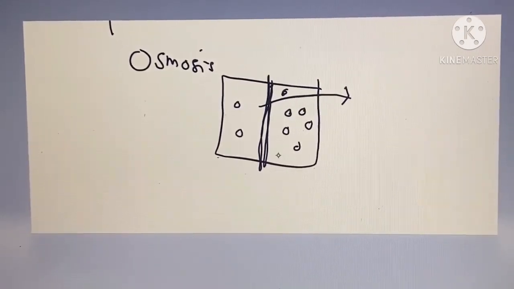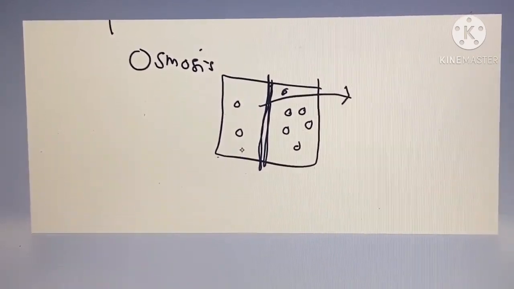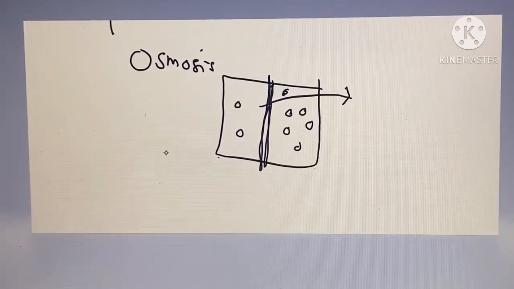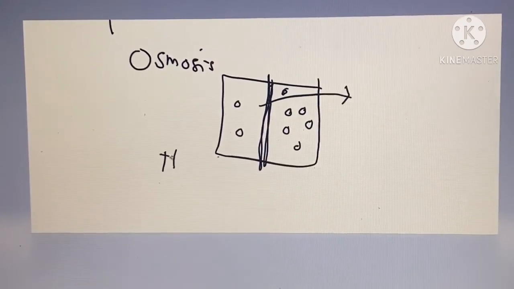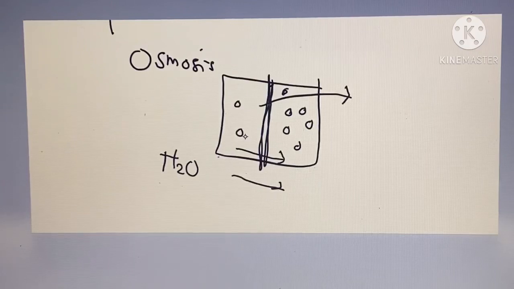Okay, so osmosis is actually the process of the movement of the H2O, the water, from the higher concentration of water into the lower concentration of water, or from the lower concentration of solute into the higher concentration of the solute.